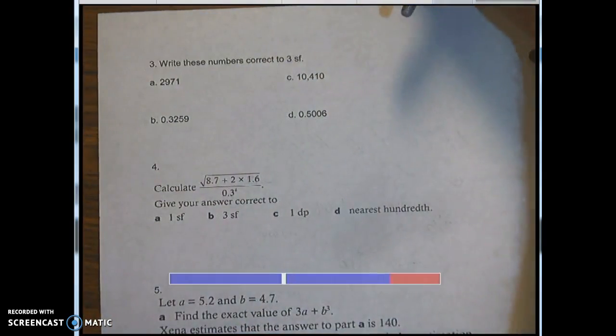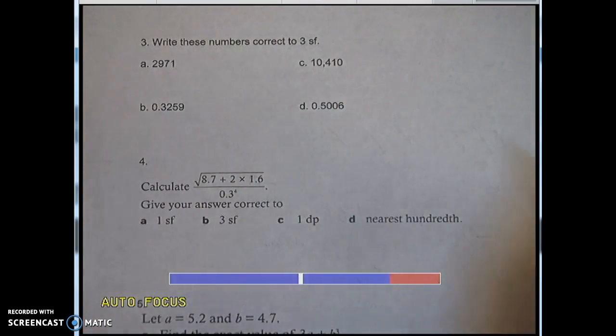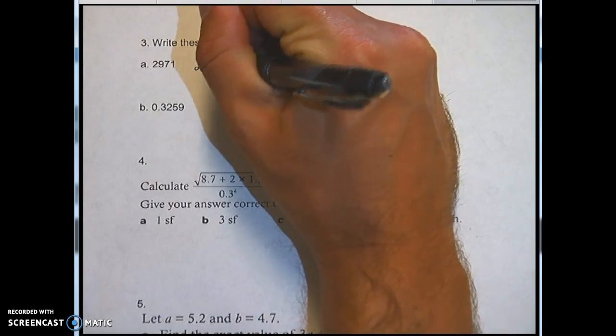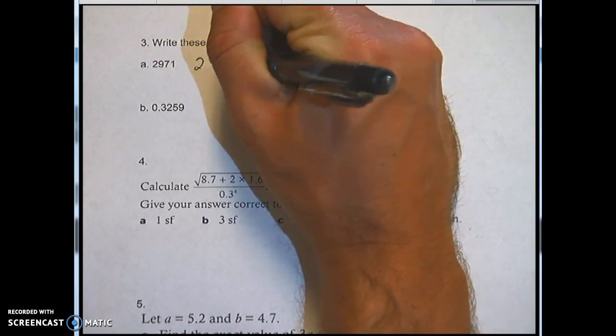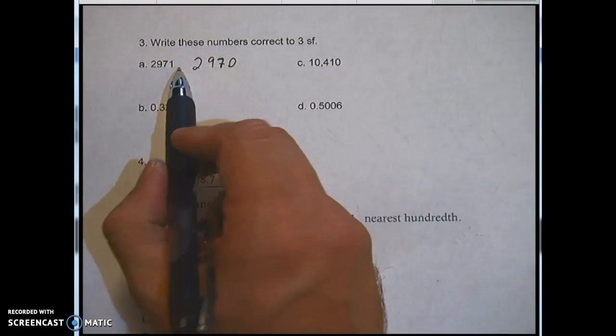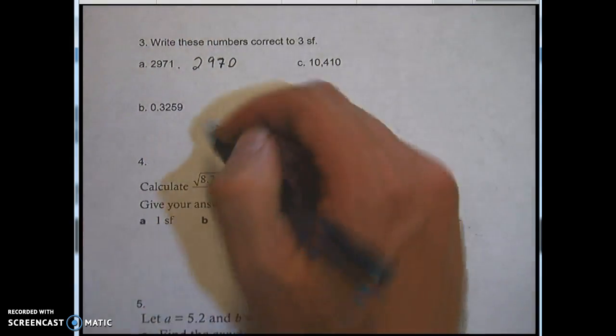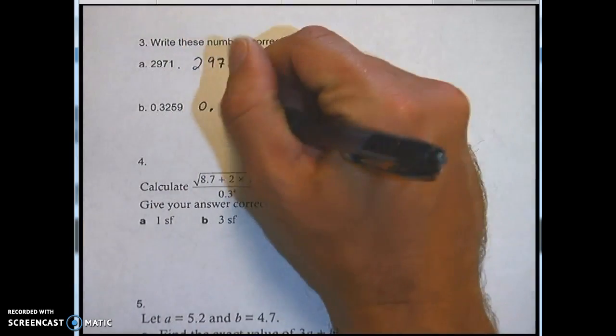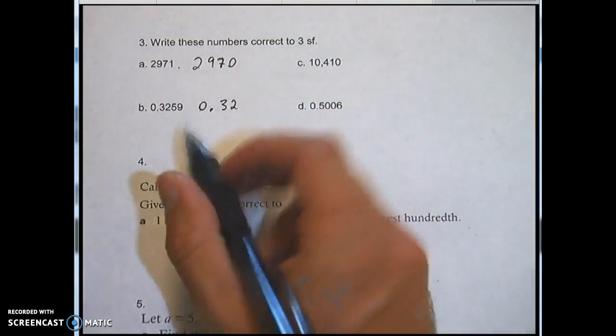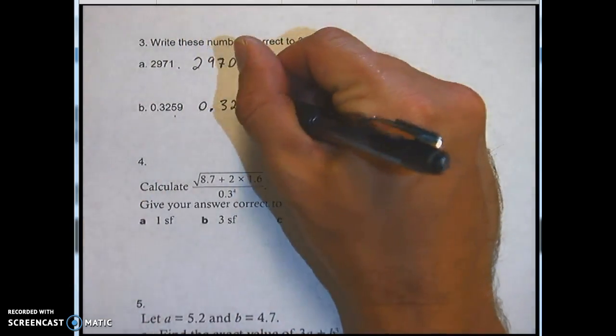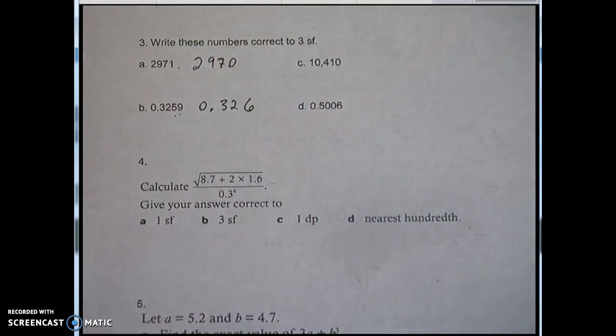Number 3. We are writing these numbers correct to 3 significant figures. Well, that's going to be 2970 because it rounds down since the last one's a 1 and not a 5. 0 is not significant. The 3, the 2, now that 5 is going to become a 6. We're going to round it up because of that 9 right there.